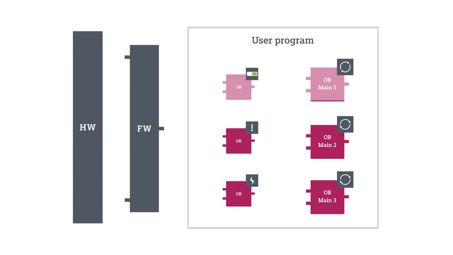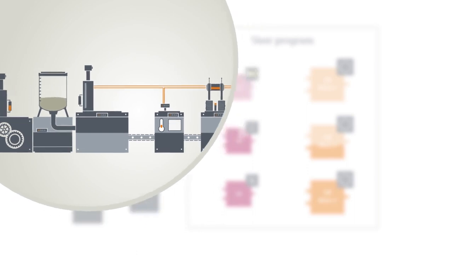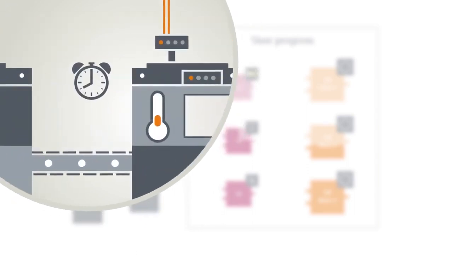A new cycle begins. Some processes require an immediate response to specific events. The controller offers alarm OBs for that purpose. The controller differentiates between internal and external events. Internal events are time intervals which trigger time-controlled alarms.